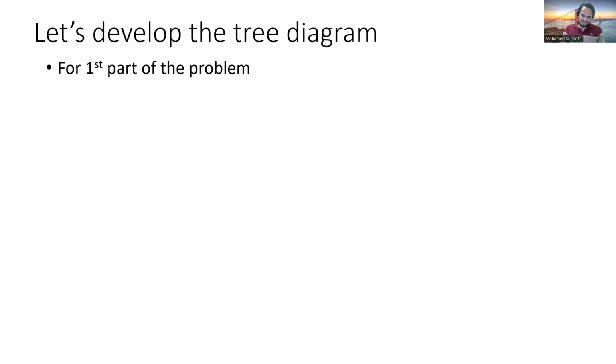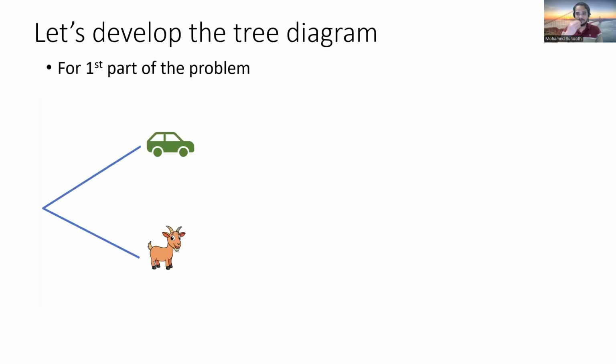In many videos on YouTube, they explain it with another approach, with some kind of logical explanation. But let me explain this problem so that even a secondary school student can understand. Therefore, let me develop a tree diagram for the first part of the problem.